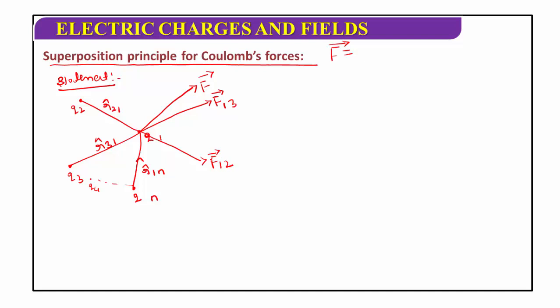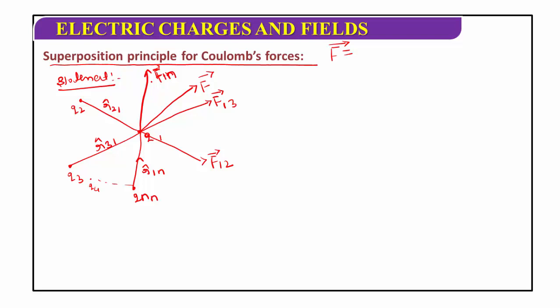And the force acting on the charge Q1 due to Qn is vector F1n. Vector F1n means the force acting on the charge Q1 due to the nth charge.